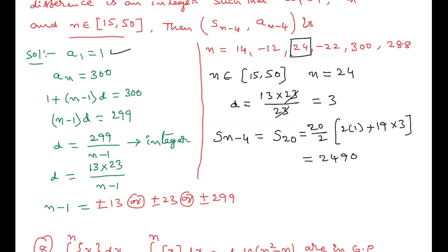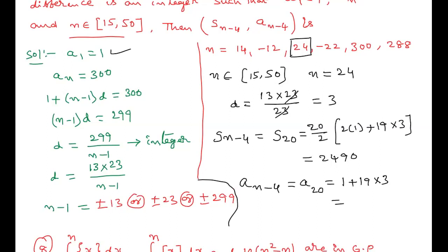Next, a n minus 4, with n equal to 24. That is equal to a20. a20 means the 20th term. What is the formula? Nth term formula: a plus n minus 1 into d, where a means 1, n minus 1 is 19, into 13. Now observe the calculation.